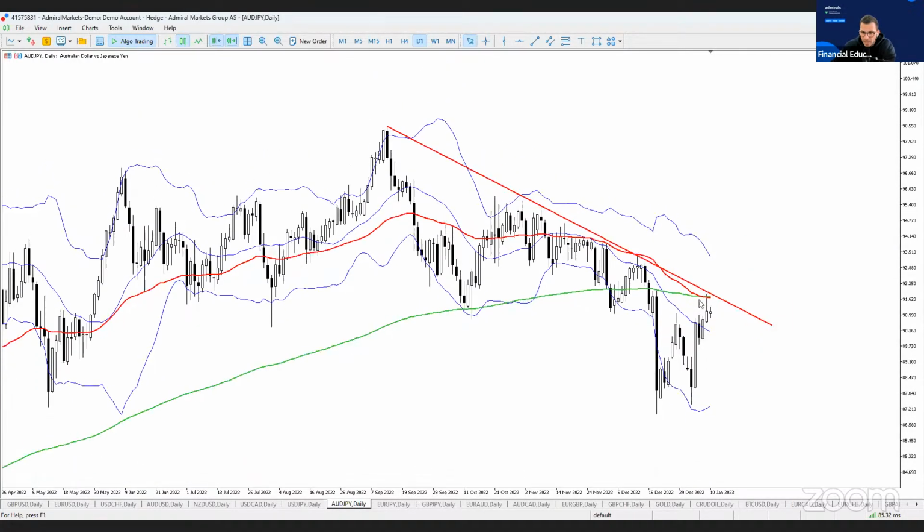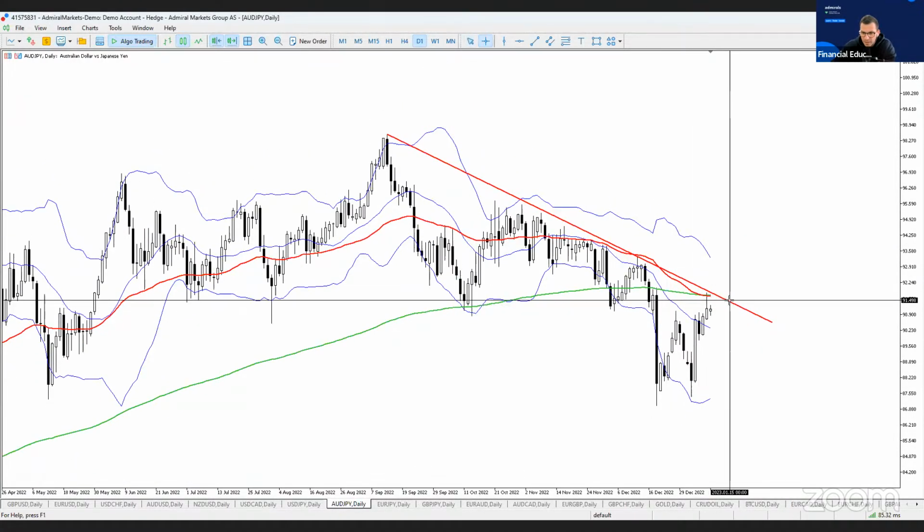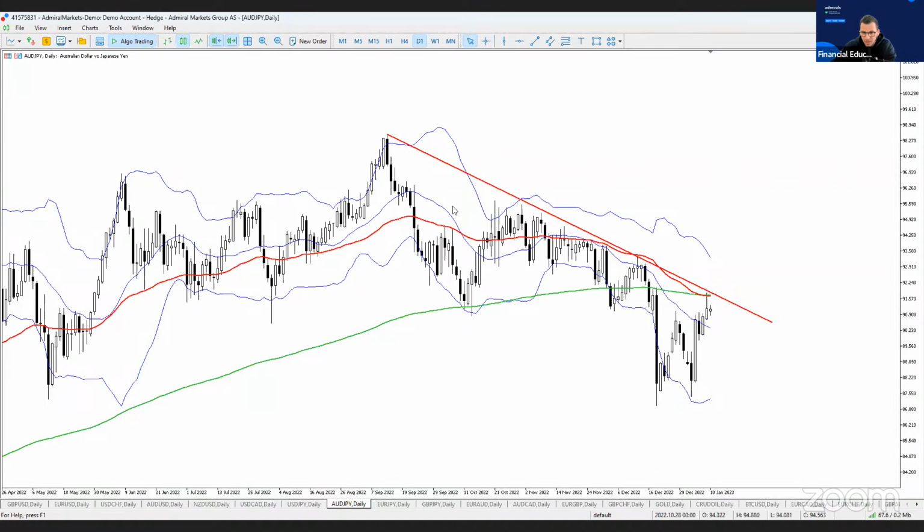Aussie against the yen. It looks nice to me today because we have a lot of levels of confluence. First, we do have these lower highs and lower lows. The price came to this area of resistance and got rejected. We have the 50 moving average, 200 moving average, and this resistance protecting this price level.